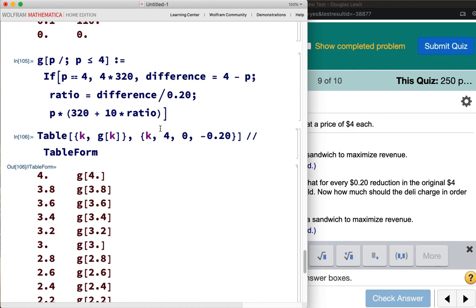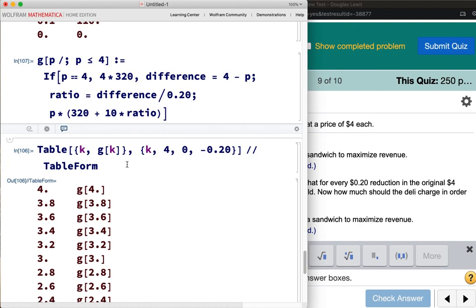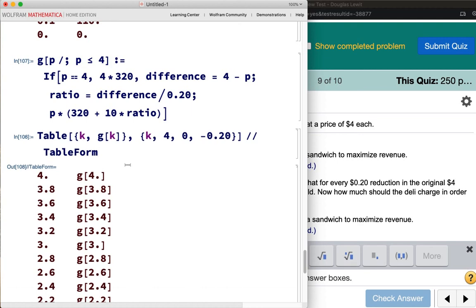Okay, that is not, hold on 1 second. What's wrong here? Why didn't this get defined? Hold on a second. Okay, so there's a problem here. If p is equal to 4, okay, 4 minus p.